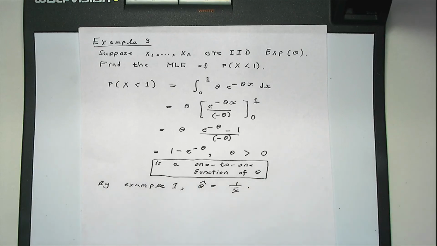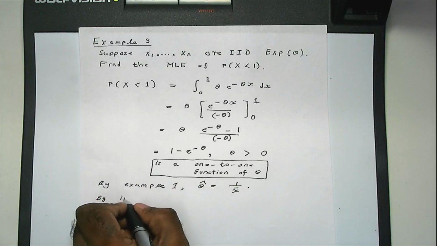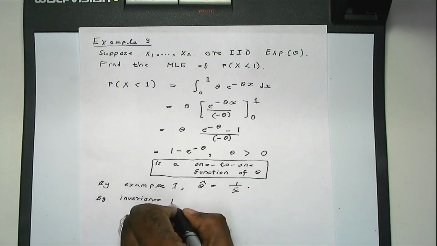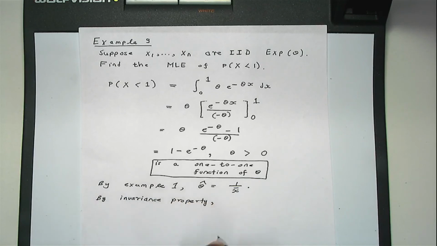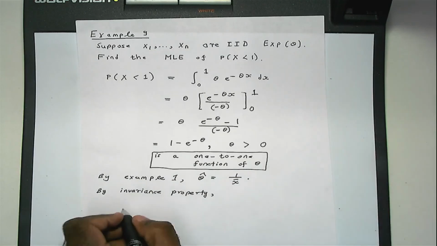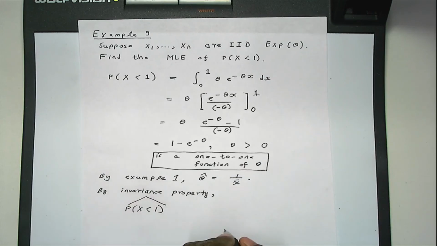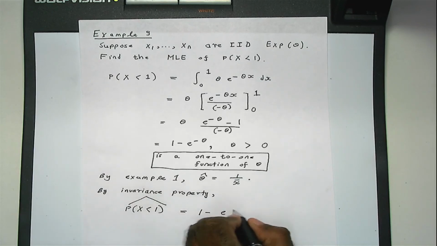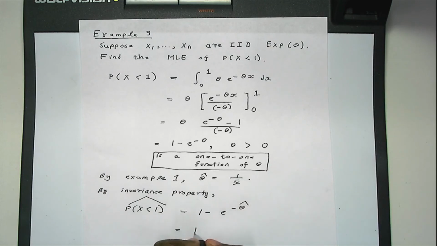Alright, now by the invariance property, which I mentioned in the last video, the MLE of the probability that x is less than 1, which I'm going to denote like this, a big hat, is going to be 1 minus e to the power of theta replaced by theta hat. So this is 1 minus e to the minus 1 over x bar.